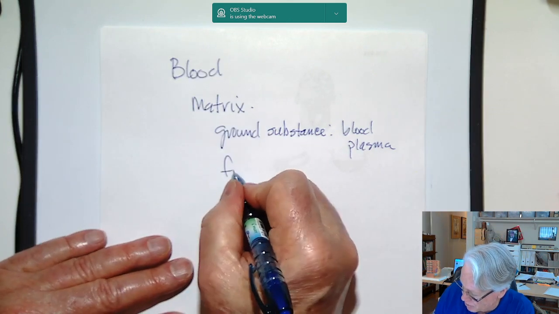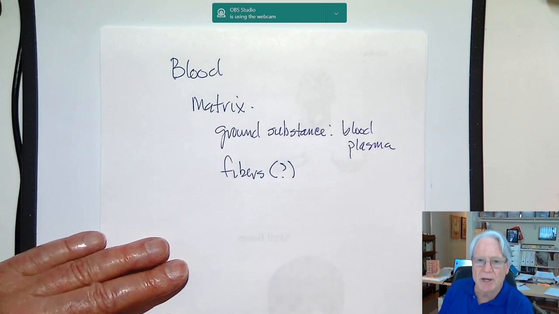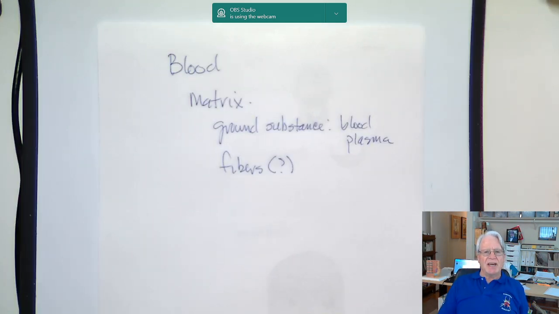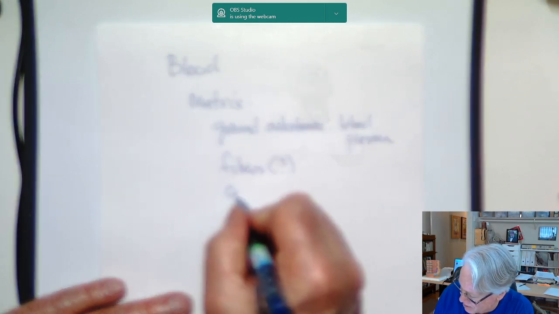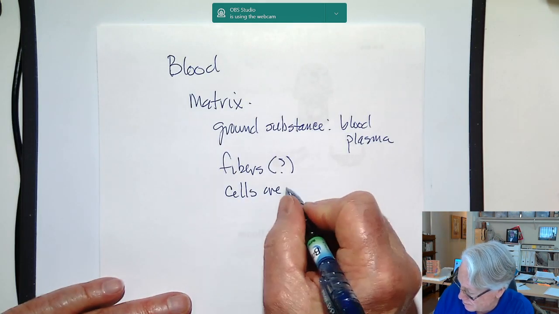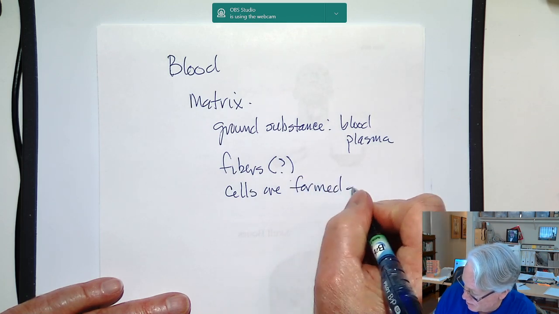What about the fibers, though? Well, what we're going to do is replace the fibers with cells. So instead of fibers, we're going to have cells, and we're going to call those formed elements.